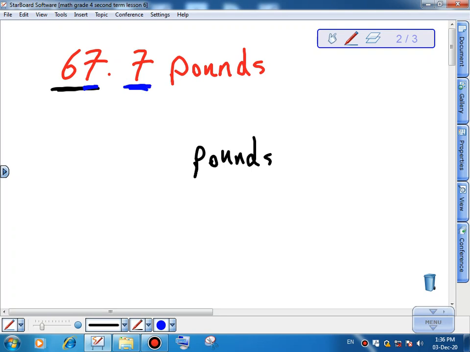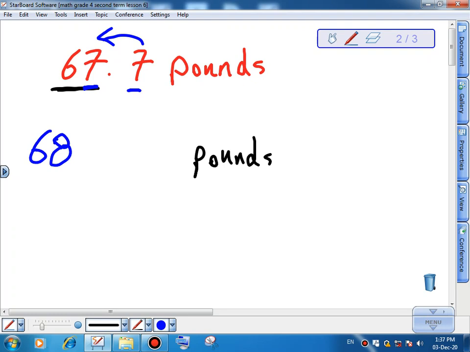If I have 70 piasters, 70 piasters does something. It will be another pound. So if I have 7 in the decimal part, it will add 1 because 7 is a strong number. So we add 1 to 7, it will be 68.